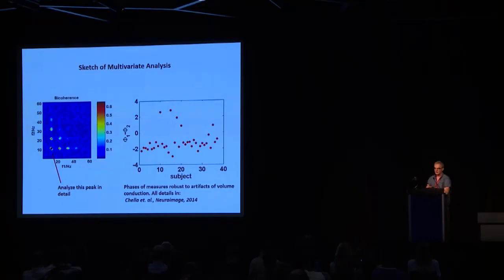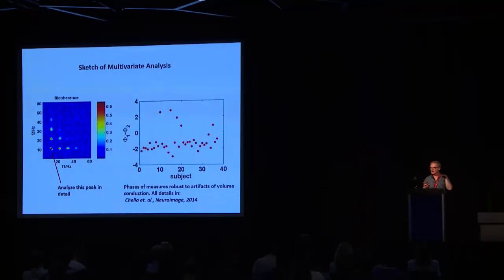Here is my only slide on this. Everything so far was univariate, but you can also do it in a multivariate way, done basically by Federico Keller from Chieti. I show you here phase differences of, and I can't go into the details here, a variant of cross bispectra which is robust to artifacts of volume conduction.